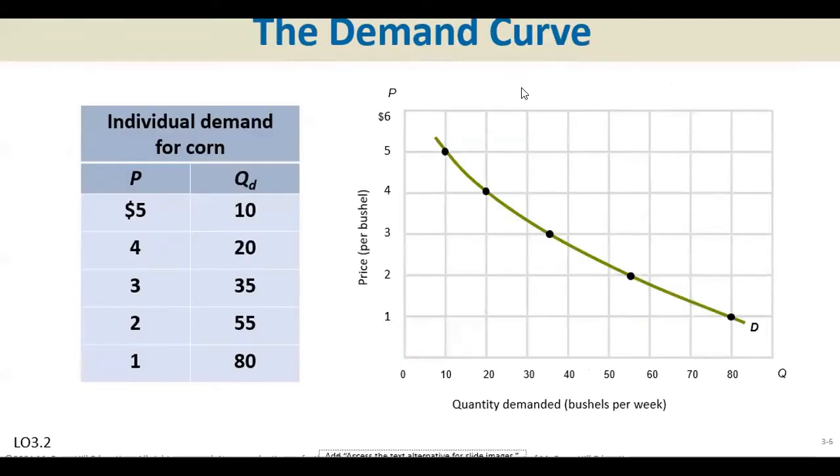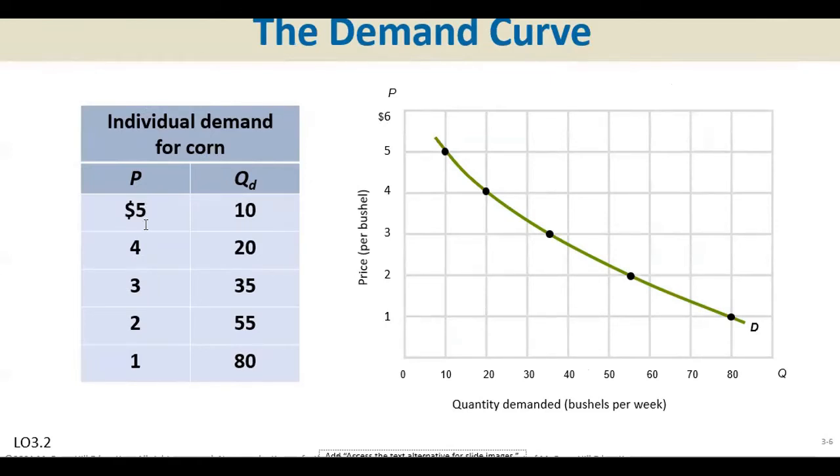So let's see an illustration of the demand curve, and we'll also look at the demand schedule. This little table over here, the first column represents the price. Here's the demand for corn, and the second column is the quantity demanded. You can see here that this is a good illustration of the law of demand.